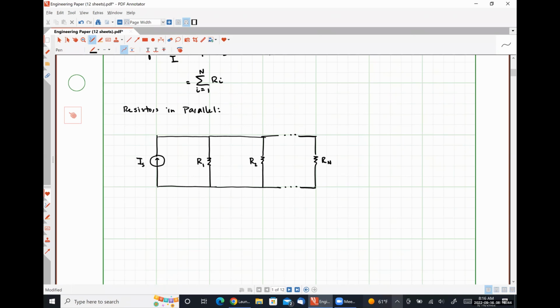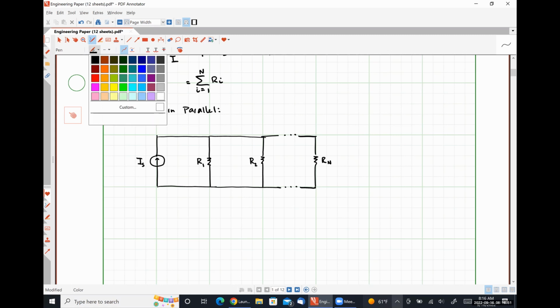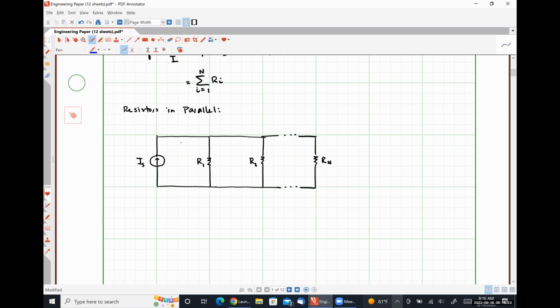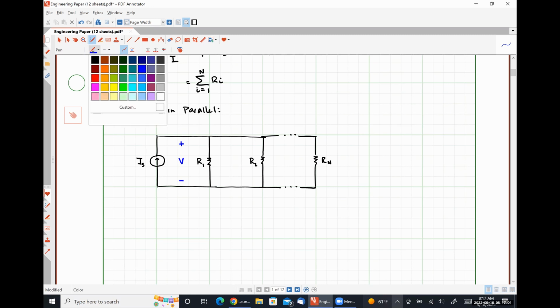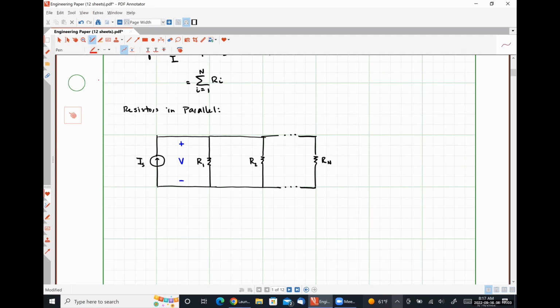Because all of these elements are connected in parallel, they will all share a common voltage, which I will simply call V. And we are going to assign currents to each of our resistors.